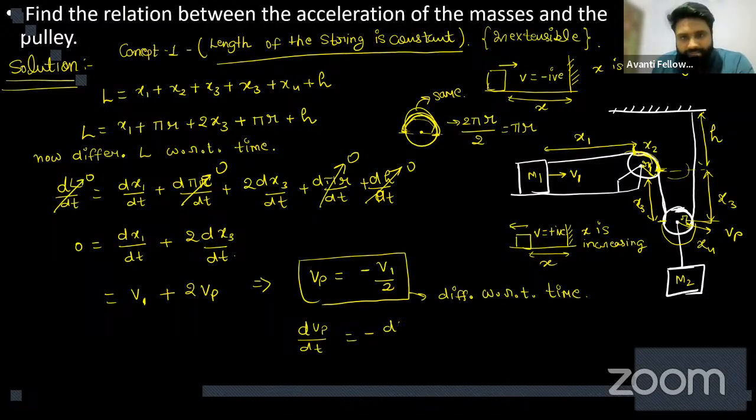Okay, dv1 by dt, and it is 1 by 2. Outside we have taken. So what will it give us? It is ap, the acceleration of the pulley, is minus of the acceleration of block 1 divided by 2.